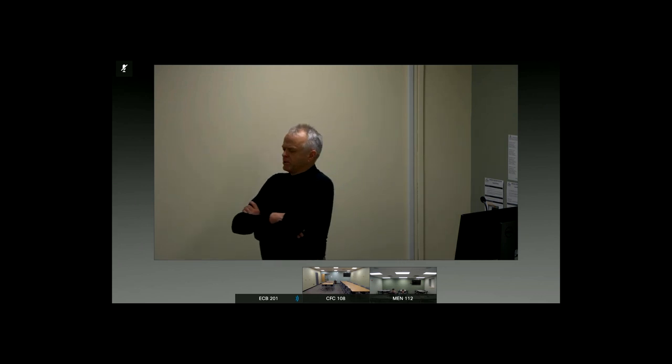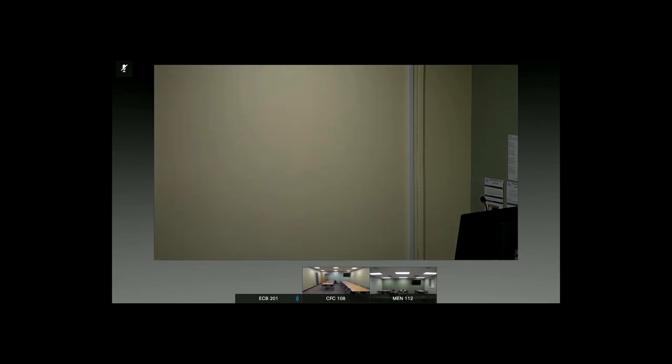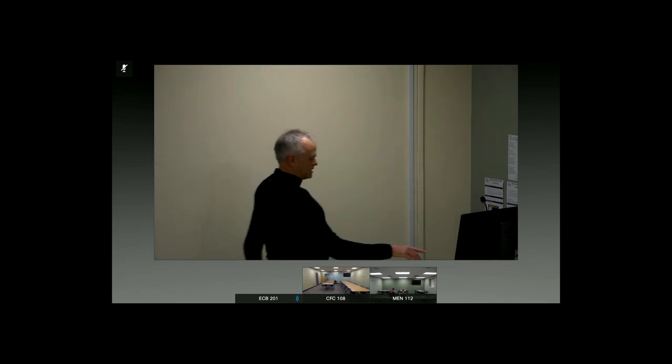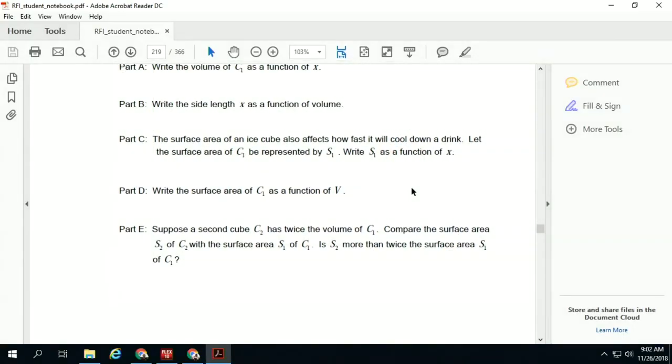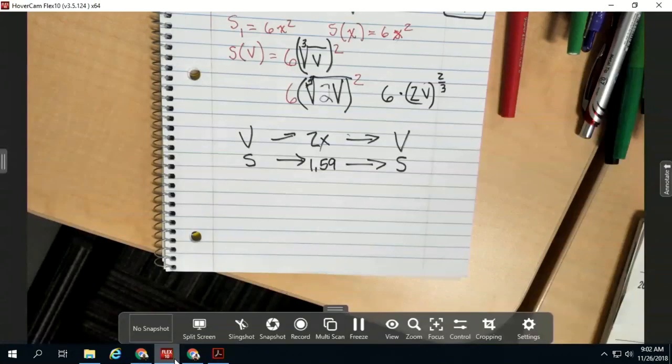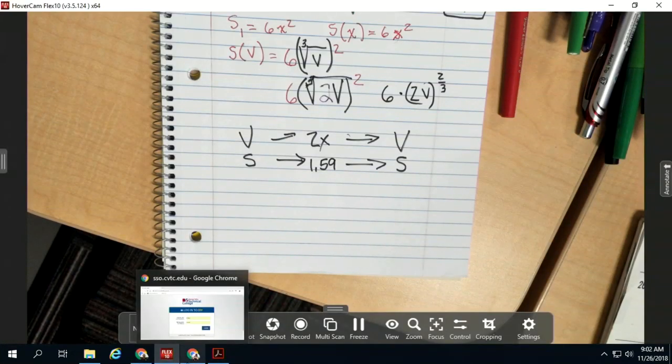Suppose a second cube C2 has twice the volume. What is true about the surface area? And I gave you this relationship, and that's where we left off. If the volume doubles, the surface area only increases by 1.59, because you can find that by taking 2 to the 2/3, and then you will get the correct answer.